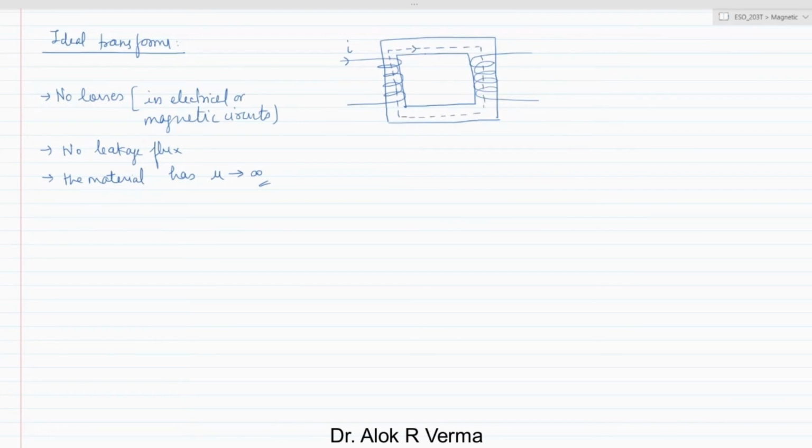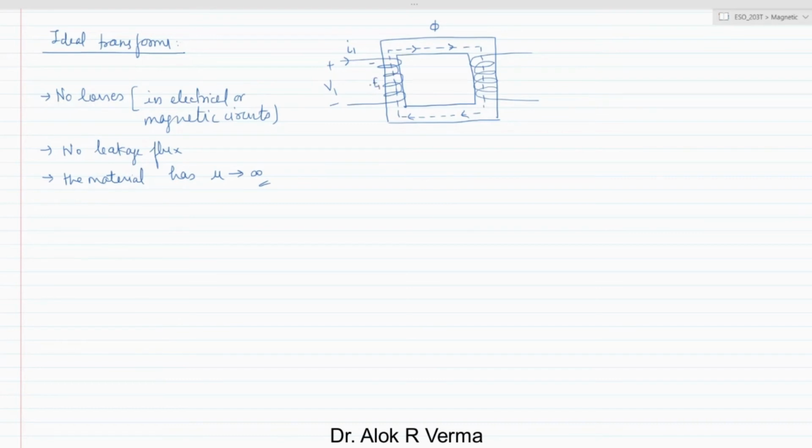So this is the flux direction. When voltage V1 is applied, it takes a current I1 and magnetizes the core.